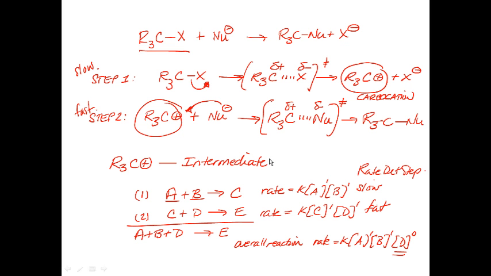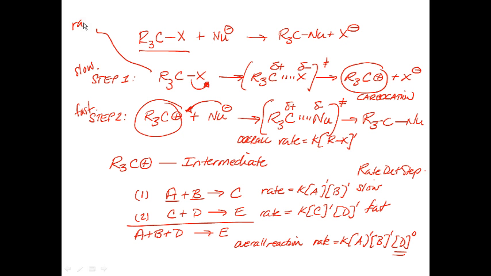Well, the same thing could be set up here. If your overall rate is equal to K times concentration of alkyl halide to the first power and the concentration of the nucleophile to the second power, what would be the rate equation for elementary step 1?